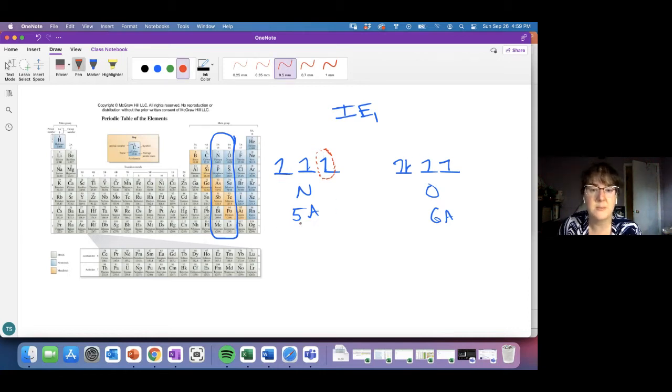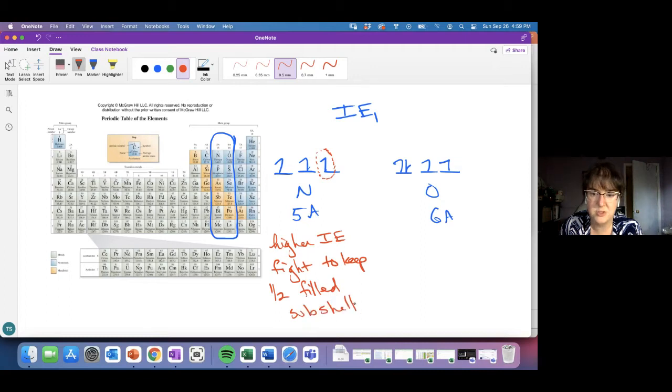So you expect nitrogen to have a little bit higher ionization energy, essentially fighting to keep your half-filled subshell. That's extra stability, so trying to get out of that stability is going to take a little bit more effort.